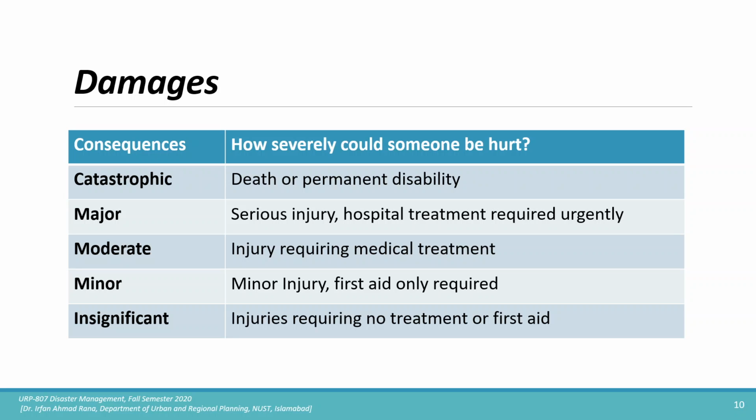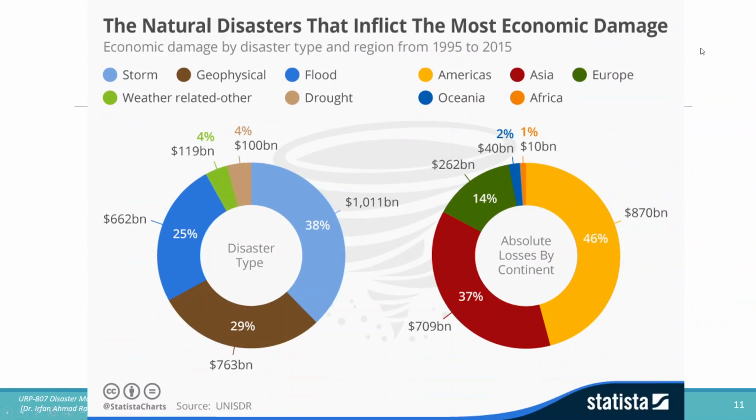Will it be major or moderate or minor? Or how severely can some people be hurt? So this is another scale or method to assess hazard impacts. This shows different types of damages incurred over different natural hazards as well as different areas.